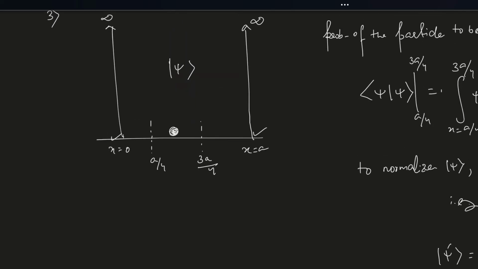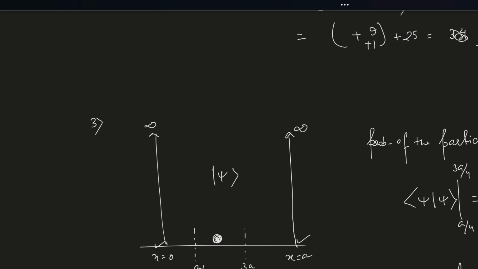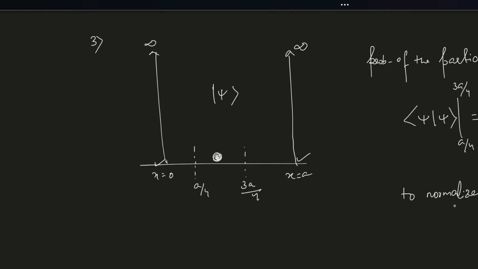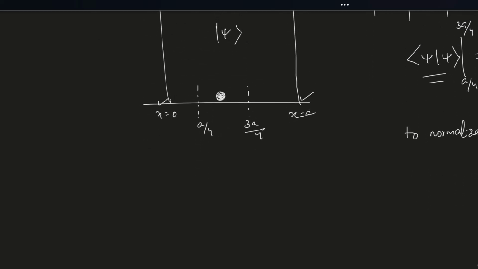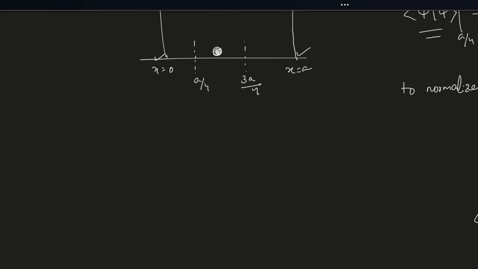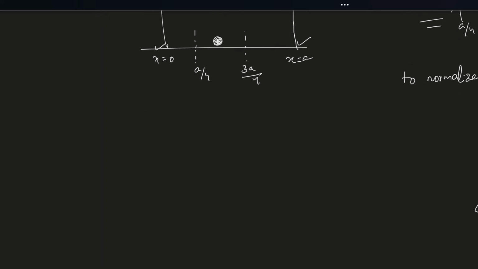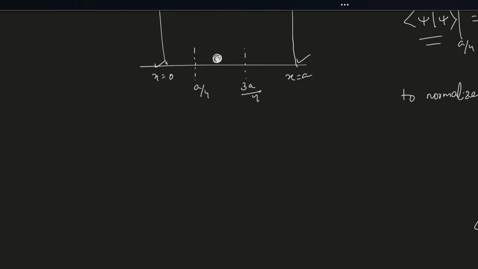Okay, so if this is the normalization factor, then to get the probability, because each one of psi will be having this A as a factor, both of them come together as A squared, which means the square root will be gone.